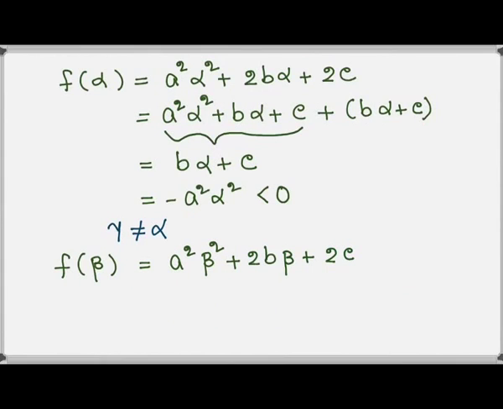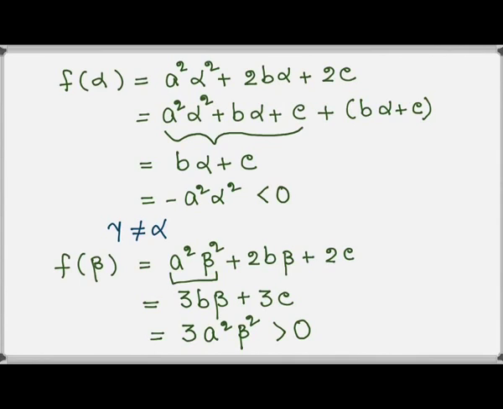Therefore, substituting b beta plus c in place of a square beta square, we get f beta is equal to 3b beta plus 3c, and this is equal to 3 into a square beta square. So therefore, f beta is strictly bigger than 0.